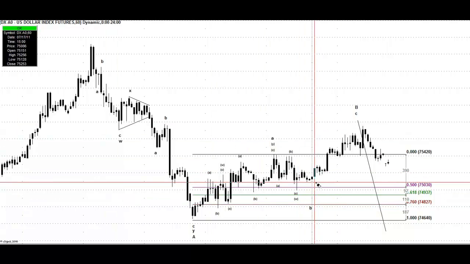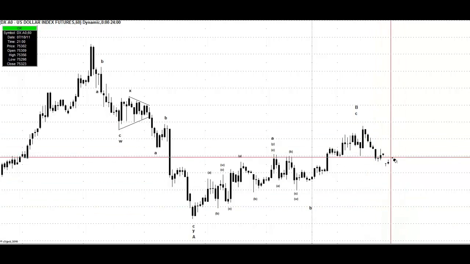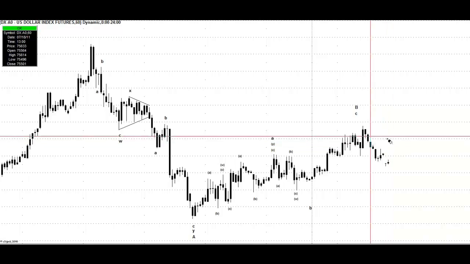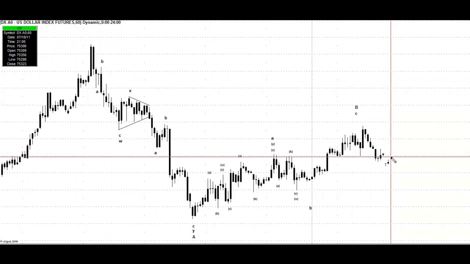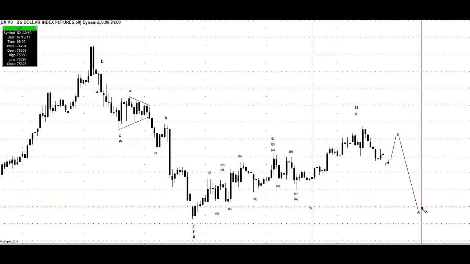Of course, not every selling is in a straight line, and it looks like the 5 ways are about getting close to the end. So do not be surprised to see some type of strength in the dollar tonight before being sold again tomorrow. That should be the idea, guys.